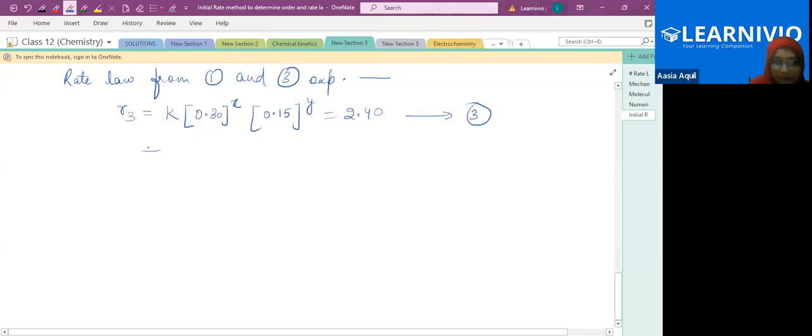Now just divide 3 by 1. Equation 3 divided by 1. 0.30 raised to the power x.